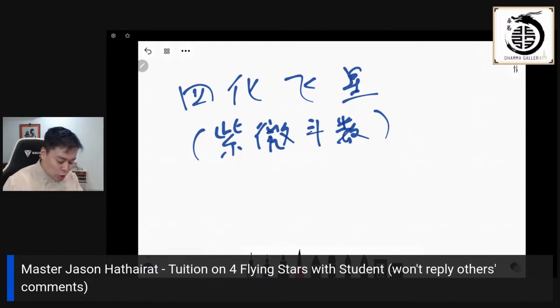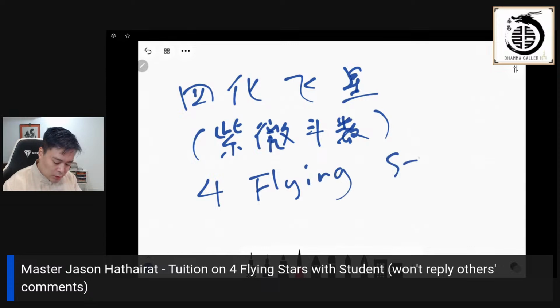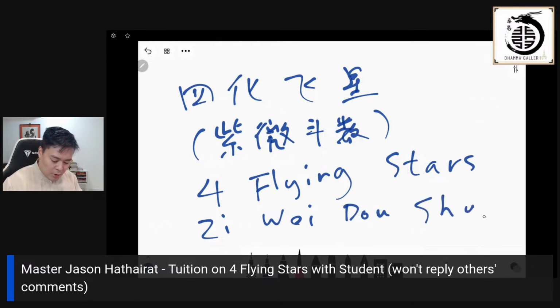So as you have requested to learn more about the 四化飞星, which are the four flying stars in 紫微斗数. I believe you already know what the four flying stars are, right?